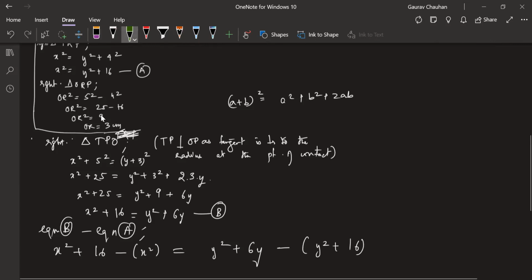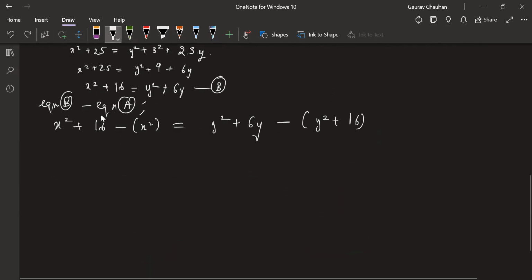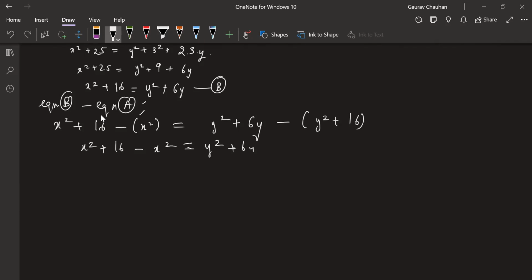Whatever was in a has come after the minus sign on both sides. Since I put it in brackets, let's take things out and see how it goes. So x square plus 16 minus x square is equal to y square plus 6y minus y square plus 16. x square and minus x square go away, y square and minus y square go away, so I have 16 is equal to 6y plus 16.